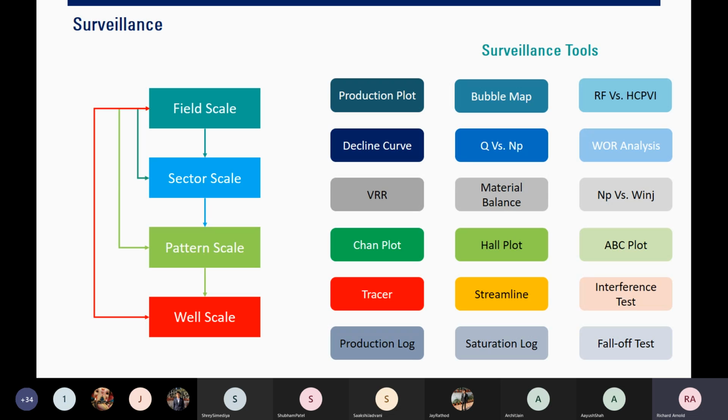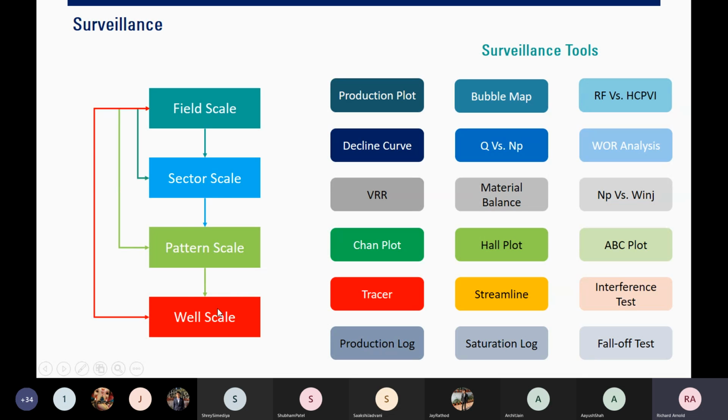So as a student, you can also do research about the usage or the application of each surveillance tool. You can do water flood surveillance at field scale, sector scale, pattern scale, and well scale. And you actually need to do surveillance at all of these scales.